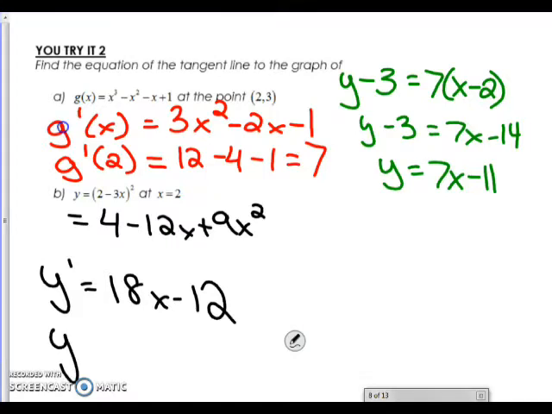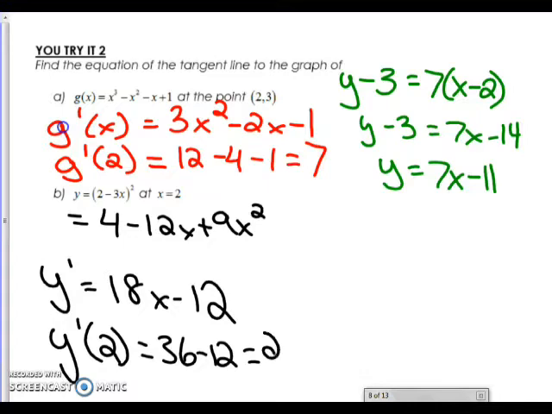And then you plug in a 2. If you plug in a 2 there, you're going to get 36 minus 12. So you get a 24 there. And so then your final answer, you're going to have y minus 16 equals 24 parentheses x minus 2.